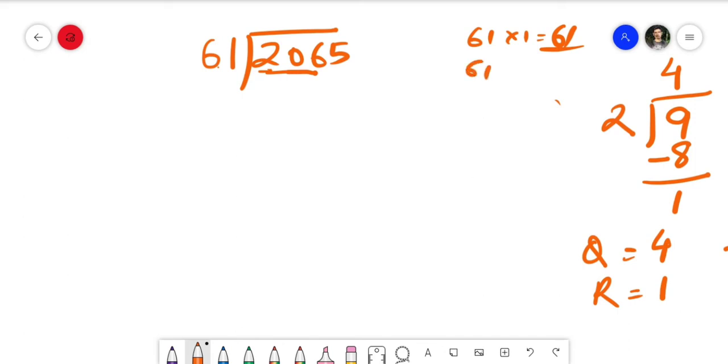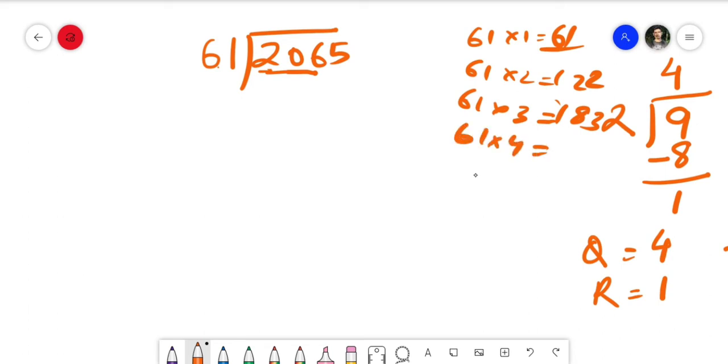You can get 61 into 2 is 122, 61 into 3 is 183, and 61 into 4 is 244. Now you can see 206 is there, isn't it?